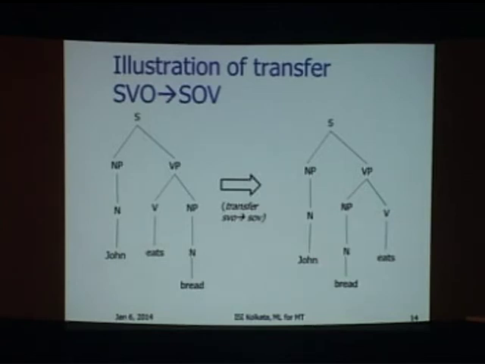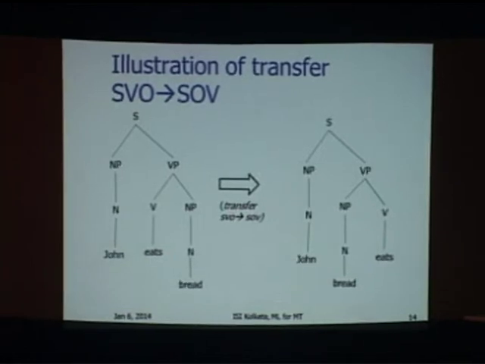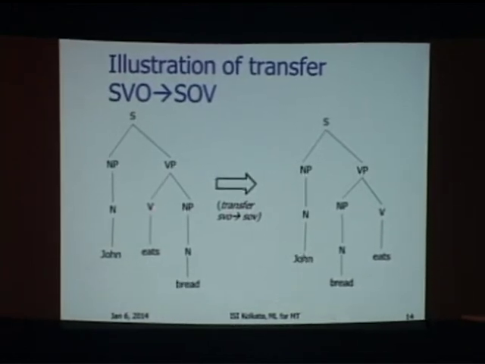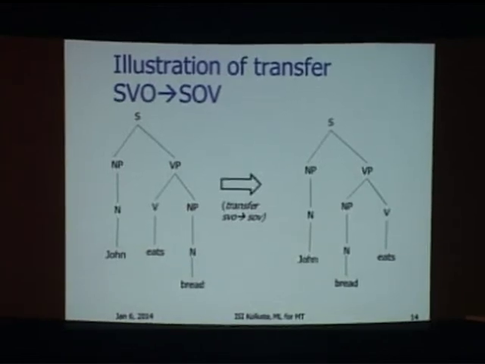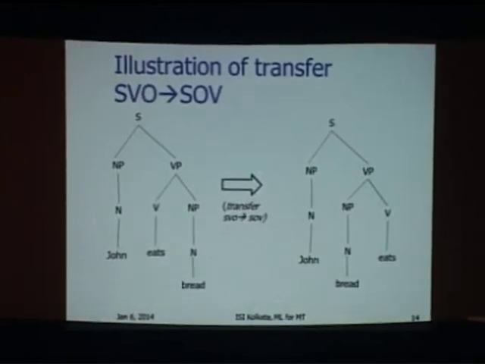John roti khata hai. Most Indian languages will follow this order. And this can be very easily effected by applying a rule of transformation: VNP converted to NPV. This will very easily give me the sentence order correctly in the target language.